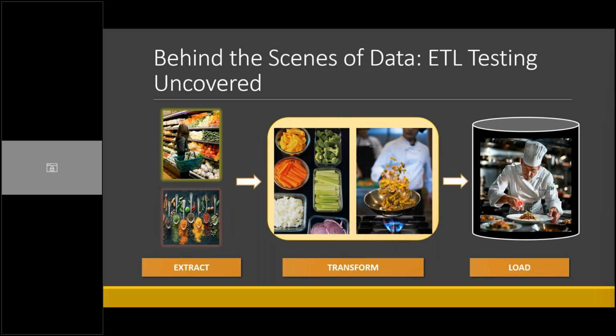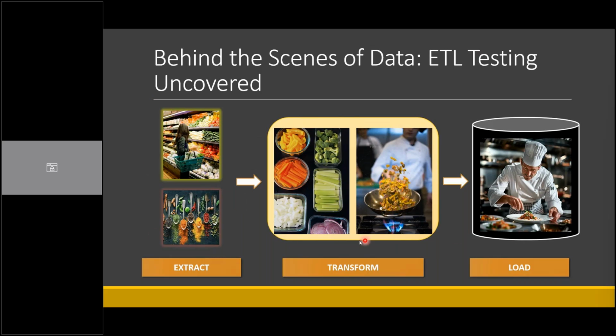In this case, the grocery shopping is the phase where we extract the data. The E in ETL testing is extract, the T means transform, L indicates load. So extract, transform, and load testing is something that we are uncovering based on a kitchen story.